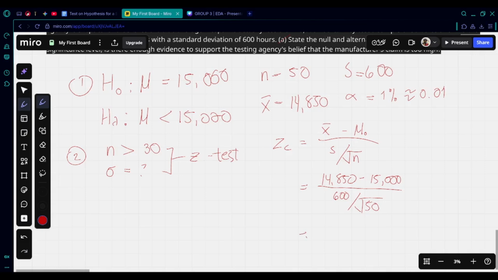So our computed Z value, we have a negative 1.78. So this is rounded off, since we only need two decimal places. Let me erase it.